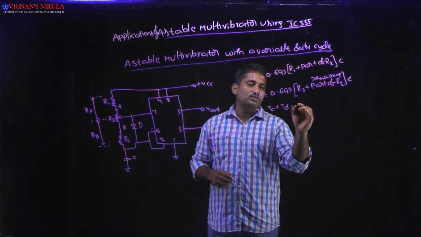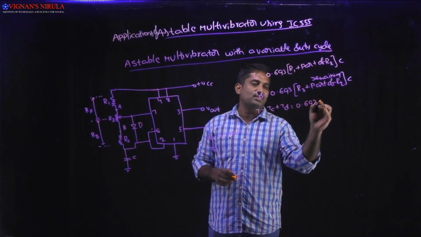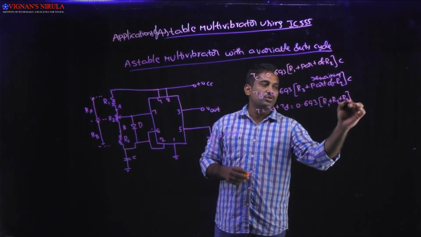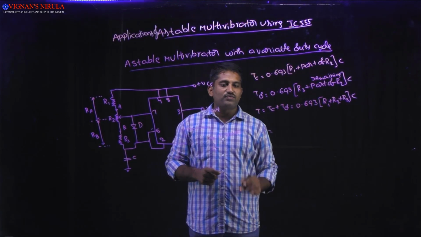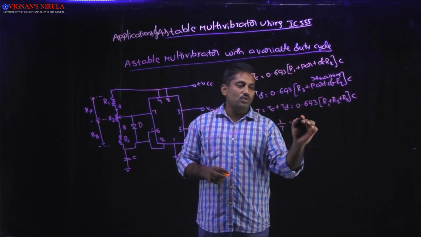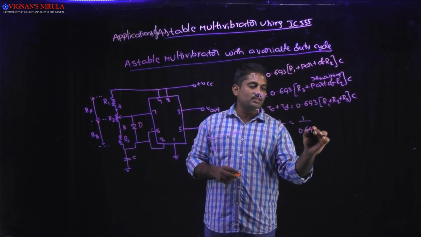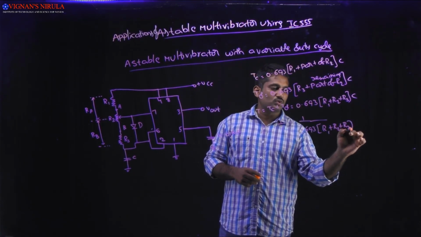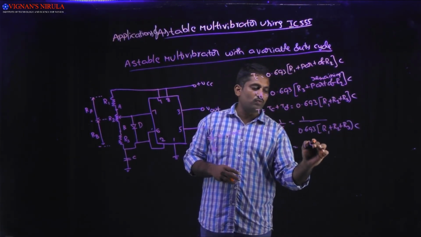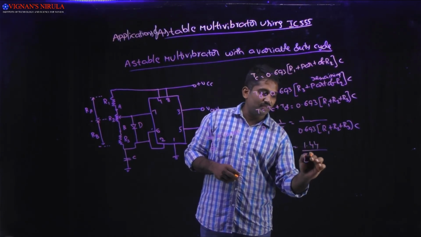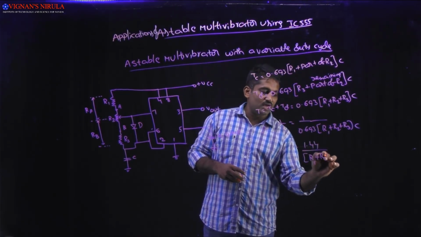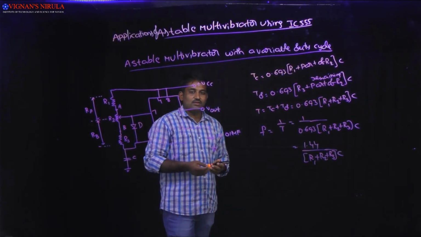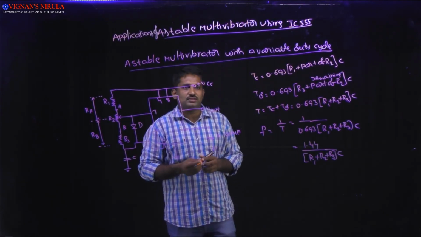So the total time period is 0.693 into R1 plus R2 plus R3, into C. And F is equal to 1 by T, so 1 divided by 0.693 into R1 plus R2 plus R3 into C. So we will get 1.44 divided by R1 plus R2 plus R3 into C, which is nothing but the total frequency of the astable multivibrator.